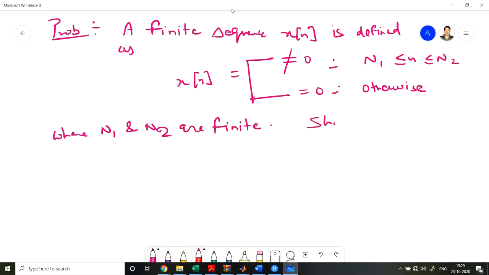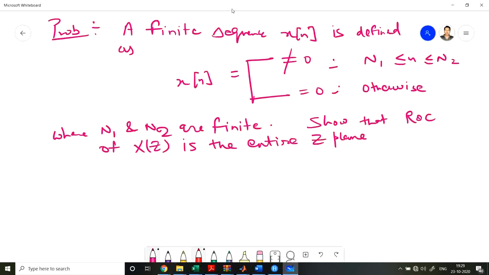So let us show that the ROC of X(z) is the entire z plane, except possibly z equals 0 or z equals infinity.